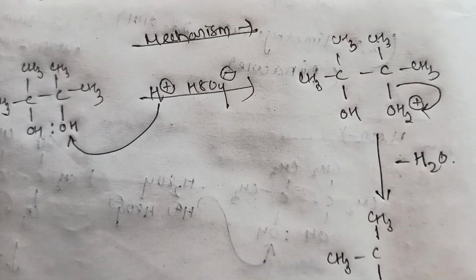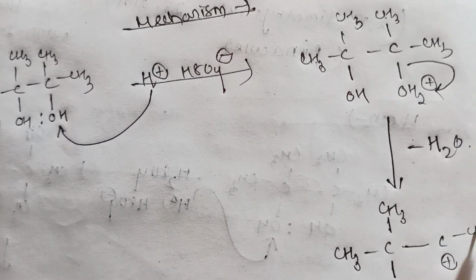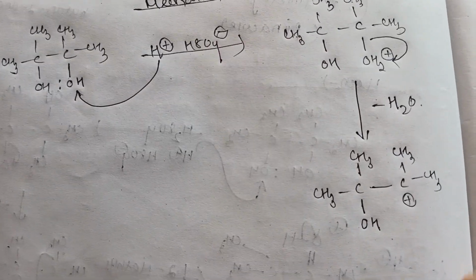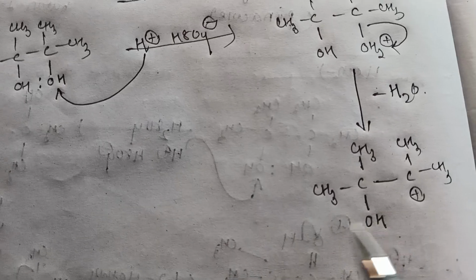So this is OH, and here the carbon contains a positive charge, here CH3 and CH3. Now what happened? We have the carbocation intermediate species.